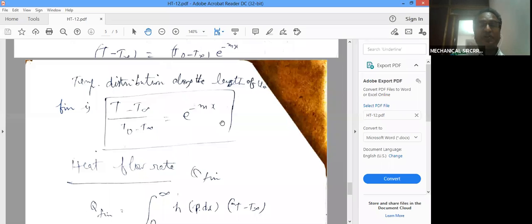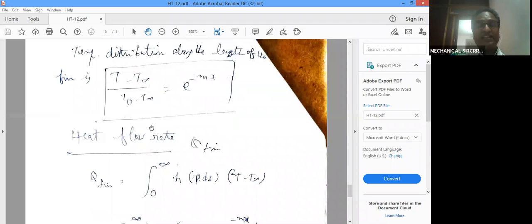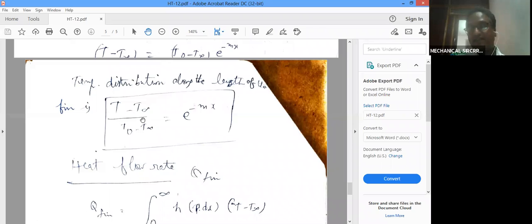So this is very, very important. Sometimes you will get the question: derive the temperature distribution equation for a lengthy fin. Very, very important. T minus T free stream divided by T naught minus T free stream is equal to e power minus mx.